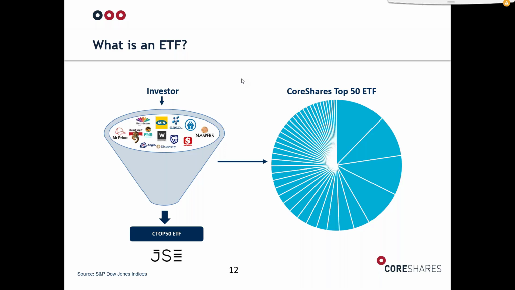So I can't speak on behalf of Satrix, but at CoreShares we do have the same thing. We've got ETFs that track one index and unit trusts that track another index or the same index. So top 50, let's stick with this example. We've got a top 50 ETF, we've got a top 50 unit trust. We actually charge the identical management fee for the two portfolios.